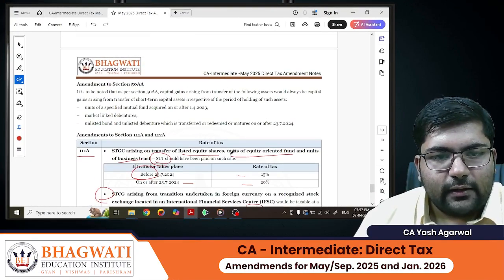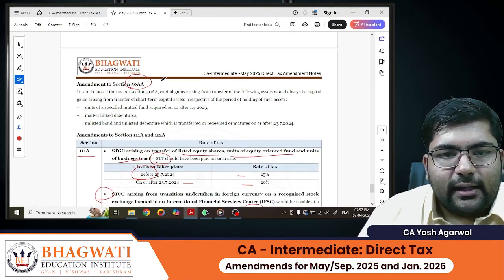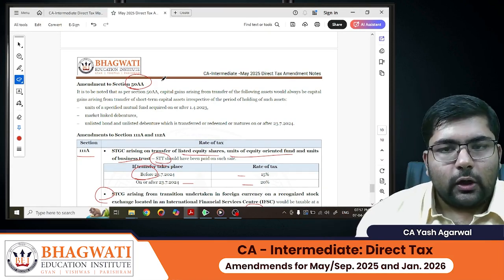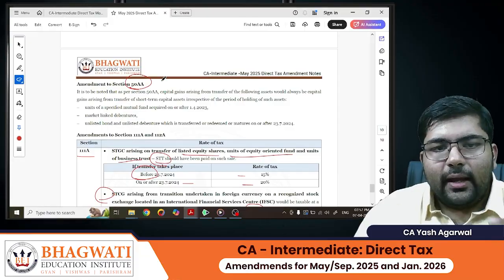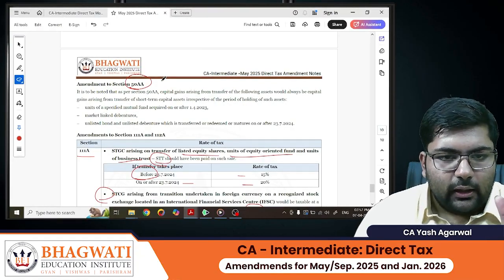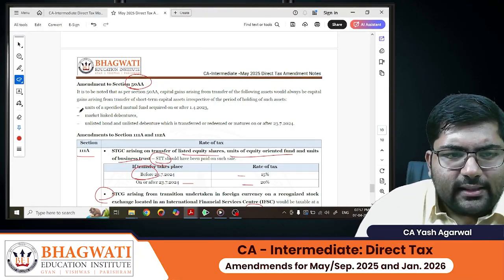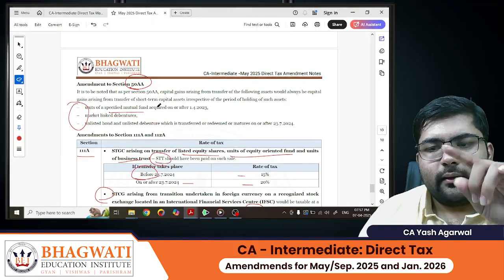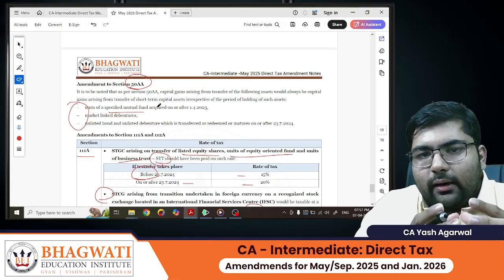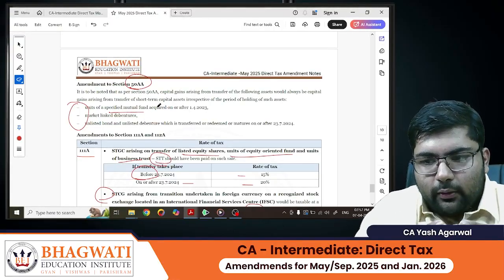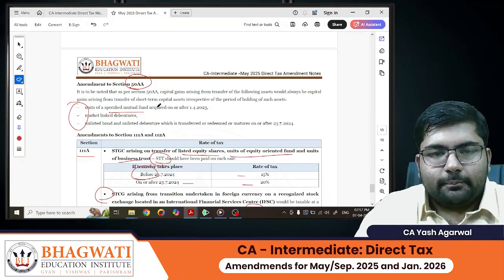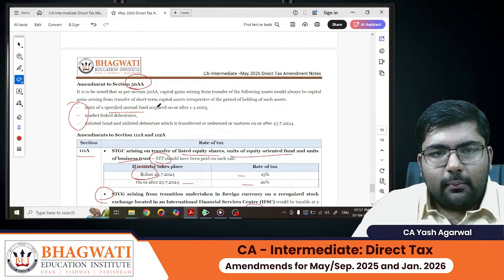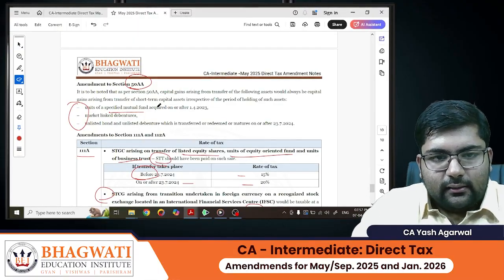One other point is section 50AA. 50AA basically tells you that capital gains from transfer of certain capital assets will always be considered short-term capital gains. Doesn't matter how long you held that particular capital asset. So these three items. Units of specified mutual fund. Specified mutual fund means a mutual fund where a maximum of 35% of its assets under management is invested in equity shares.